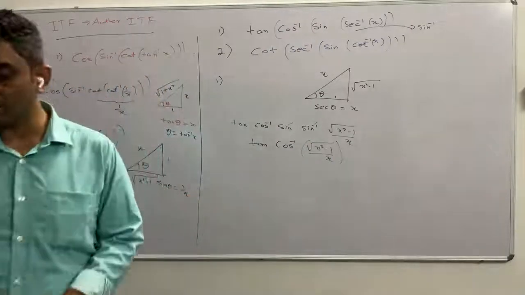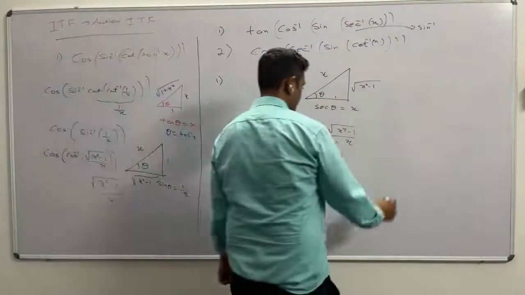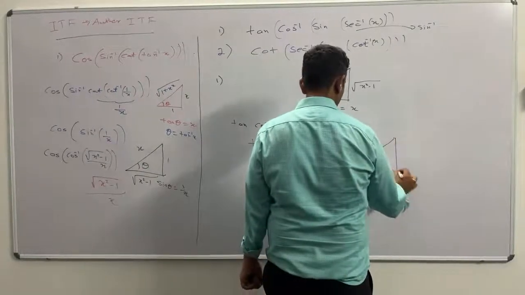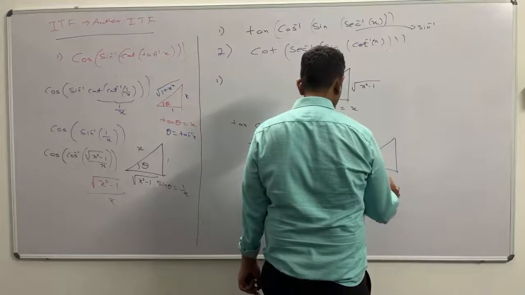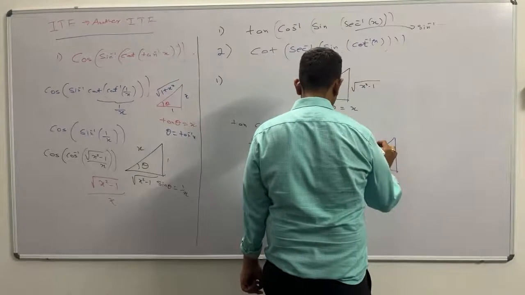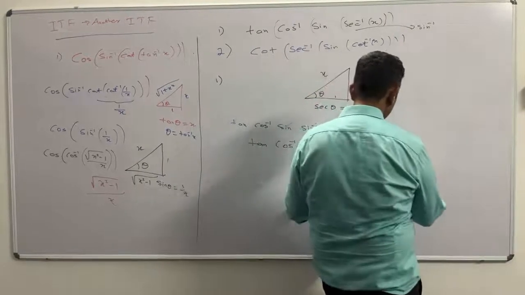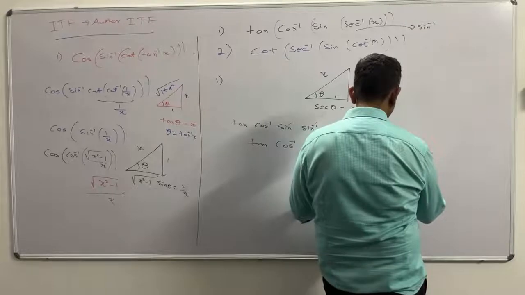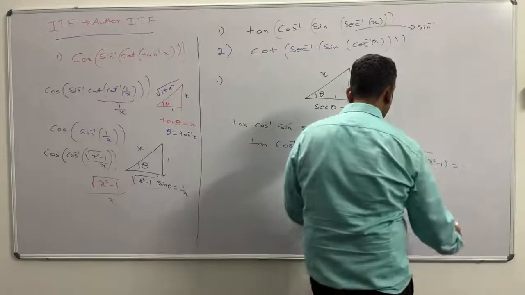Now again we will complete the triangle. We'll make a new triangle. If this angle is theta, then what is cos theta? Cos theta is, this is root x square minus 1, this is x. So third side, by default using Pythagoras theorem, will be root over x square minus x square minus 1, which will be equal to 1.